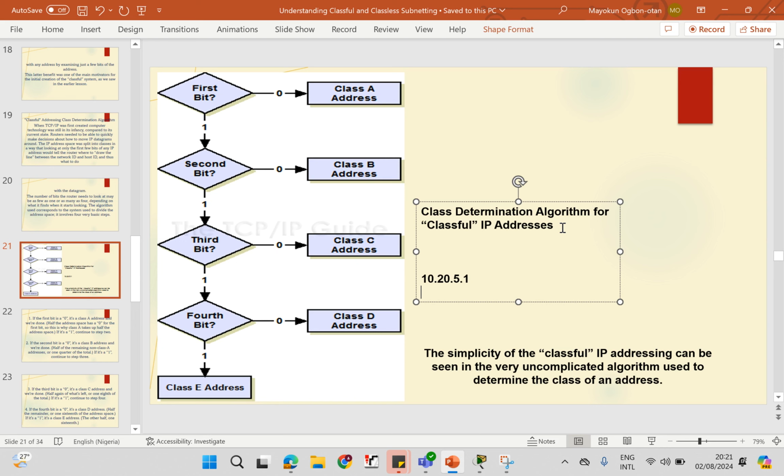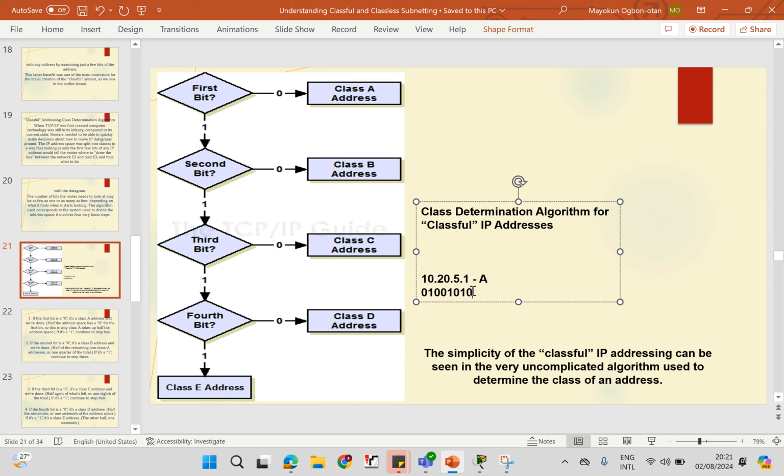So let's assume that our 10 is 00001010. So if the first bit is 0, it is class A. So that means this IP is most likely to be class A.